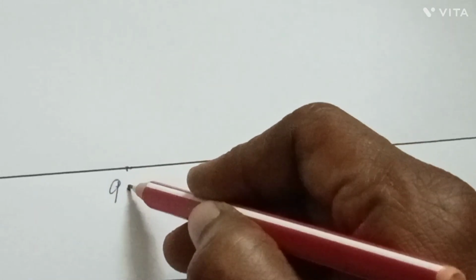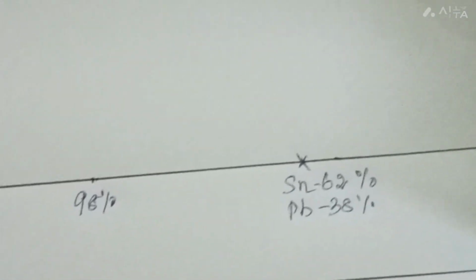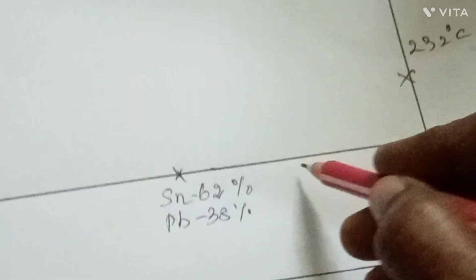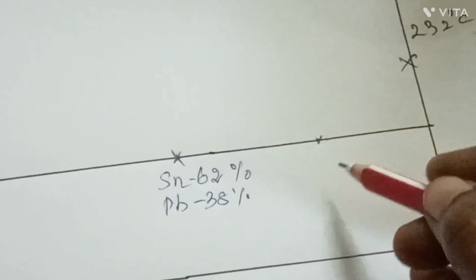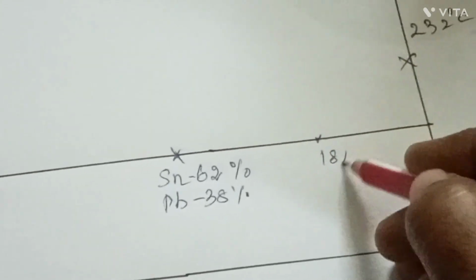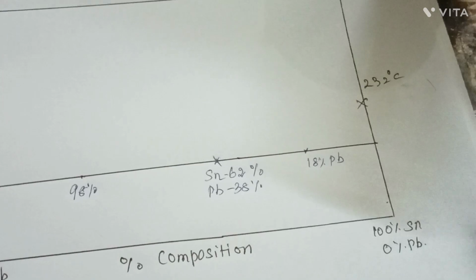Note that the point you are marking at 98% should be extremely on the left-hand side, and the 38% lead should be towards the right-hand side. It should not be exactly in the middle. And 18% lead should also be towards the right, closer to 100% tin.